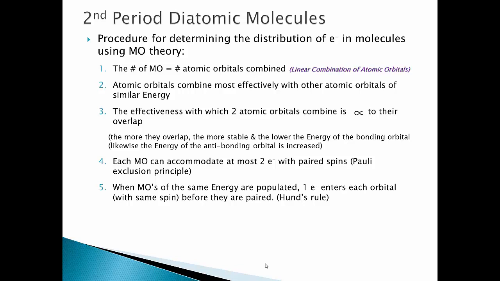The effectiveness of that combination is proportional to their overlap, so the more overlap, the more stable; the less overlap, the less stable. The molecular orbital can accommodate 2 electrons with paired spins, and the way we fill it, remember, is Hund's rule: we put 1 electron in each and then we double up.